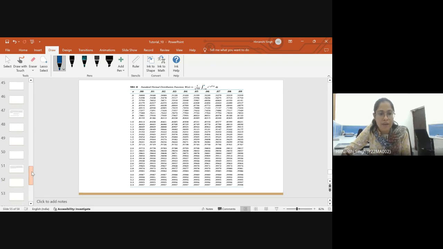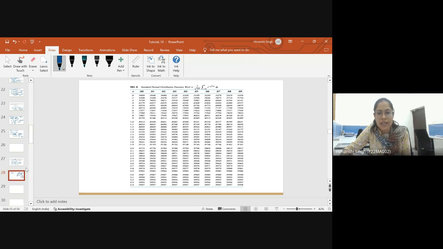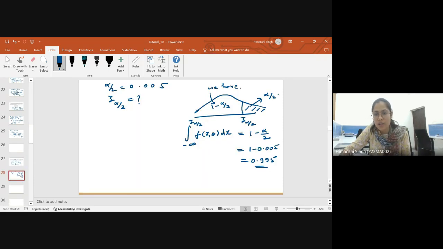But we need the situation where this area is alpha by 2, so the other area will be 1 minus alpha by 2. We need a point such that the integral is 1 minus alpha by 2, that is 0.995. We need to find this point. Now we will find it from the table.